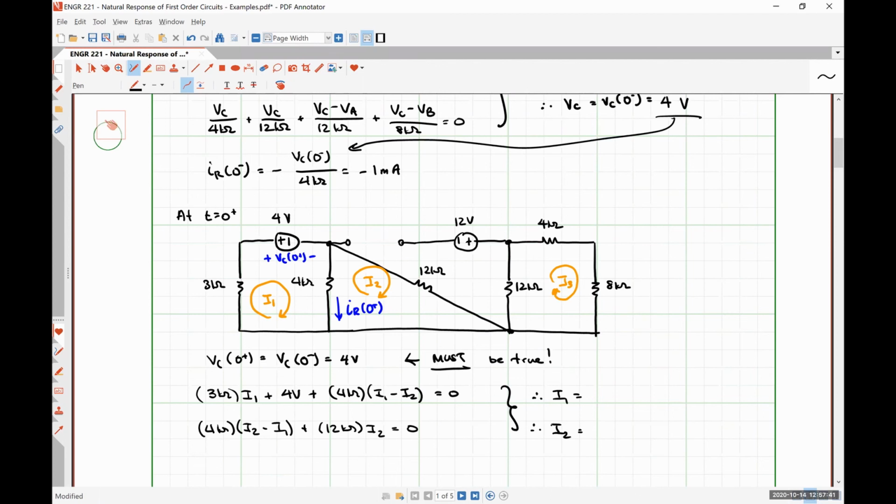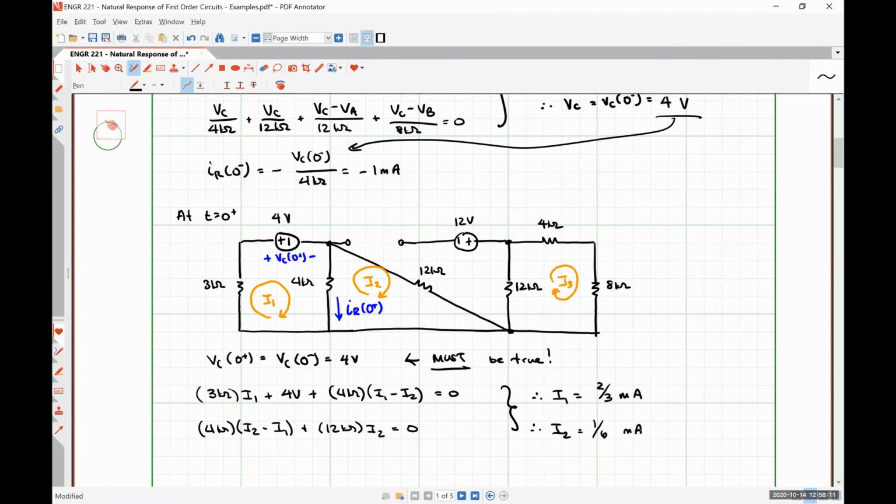And I get 2/3 of a milliamp, and I think it's 1/6, but let me double check. Yeah. 1/6 of a milliamp as my current I2.